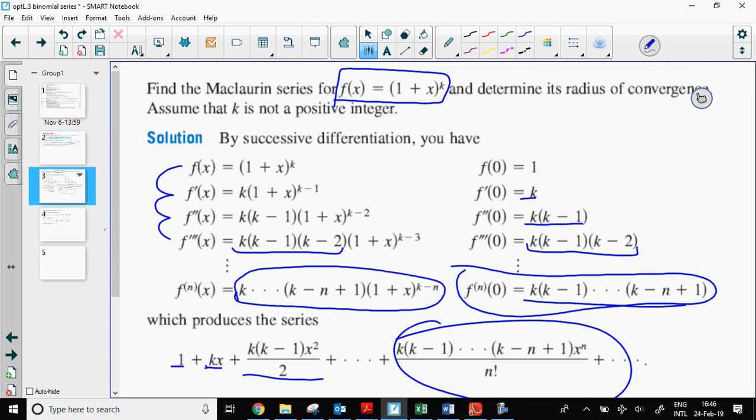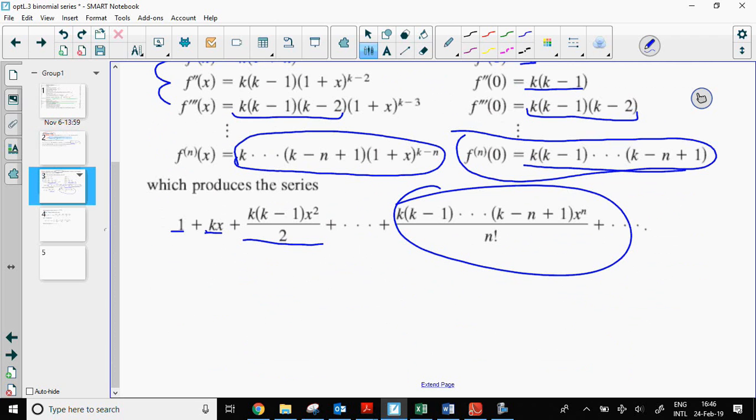What I like about building it term by term is that written out as this series, this actually makes sense now for even positive integer values for k. So for example, if I wanted to work out what 1 plus x squared is, okay, I know that's supposed to be 1 plus 2x plus x squared, obviously.